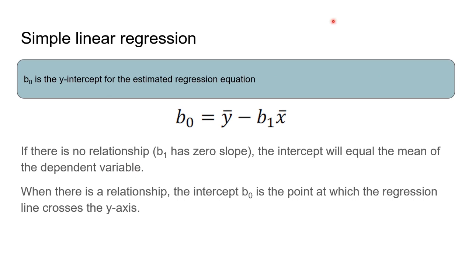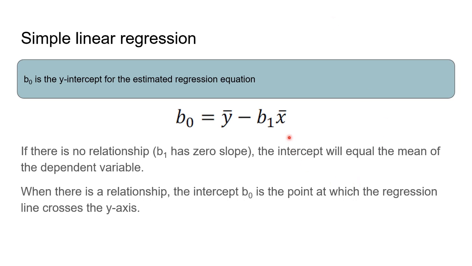The intercept is where this line connects to the independent variable on the y-axis. If there is no relationship, b1, the predictor variable, will be 0. If it is 0, then our predictor will also be 0, and therefore our response variable will be equal to the mean of the dependent measure, because that is the best variable we have.